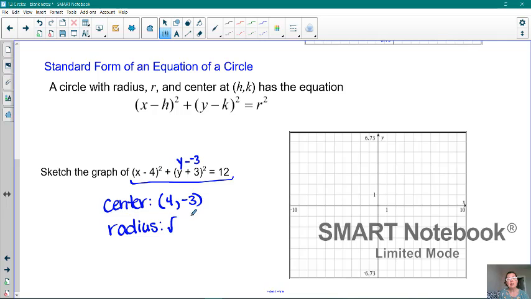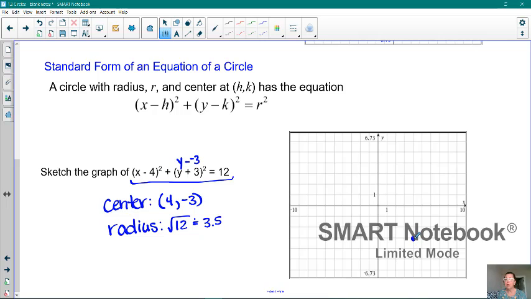The radius is going to be the square root of 12. And since we are going to graph it, we're going to want to know an approximation for that. It's about 3.5. So we'll go to our center, 1, 2, 3, 4, 1, 2, 3. Sorry for that annoying watermark.